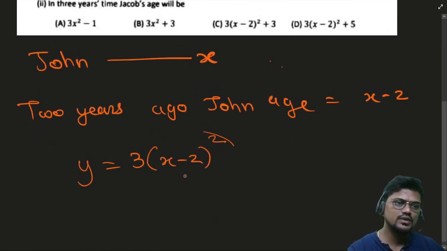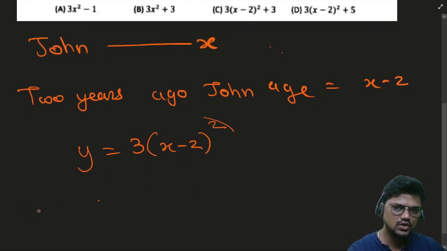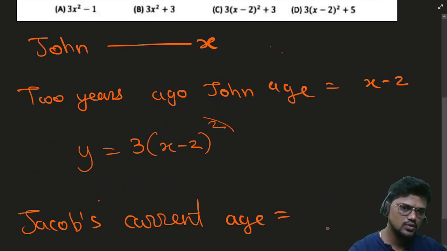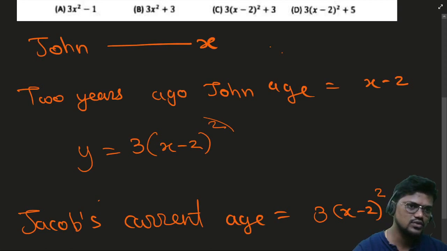So what will be his current age? His current age will be 3 into x minus 2 whole square plus 2, right? You have to add 2 because that was 2 years ago.